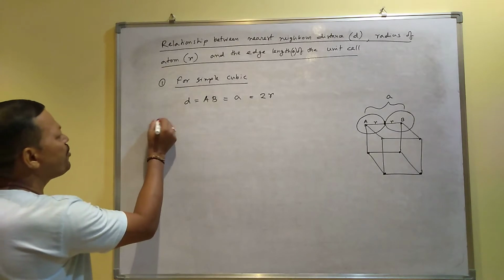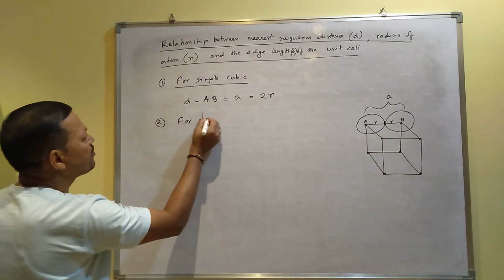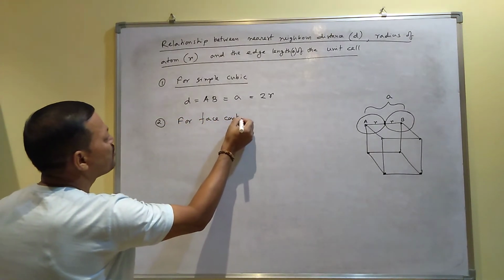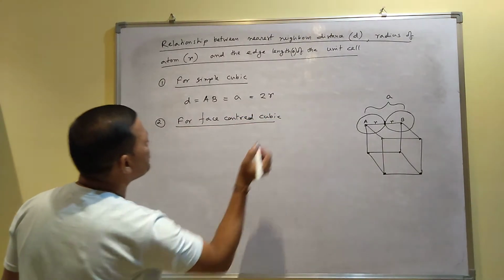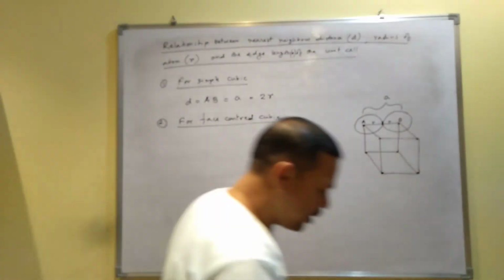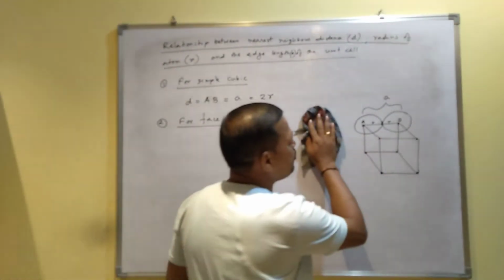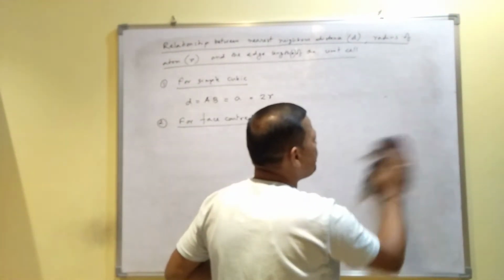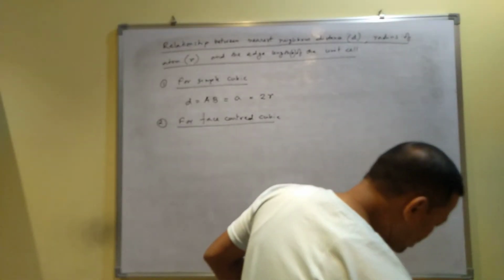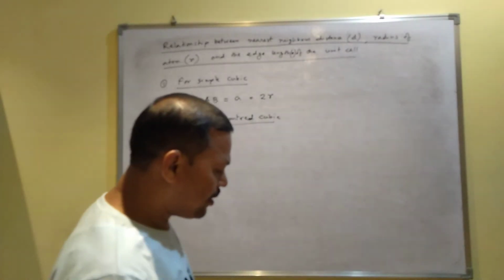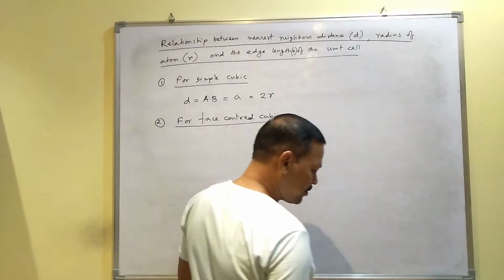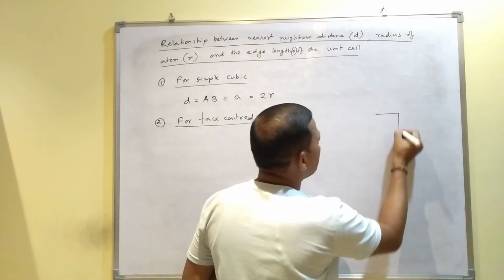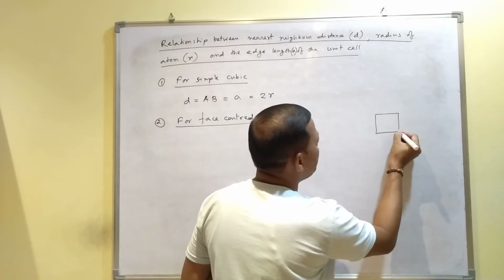But if you want to find out for face centered cubic, now I will determine for face centered cubic. The unit cell is said to be face centered when the particles are present at the corners and at the center of each face.